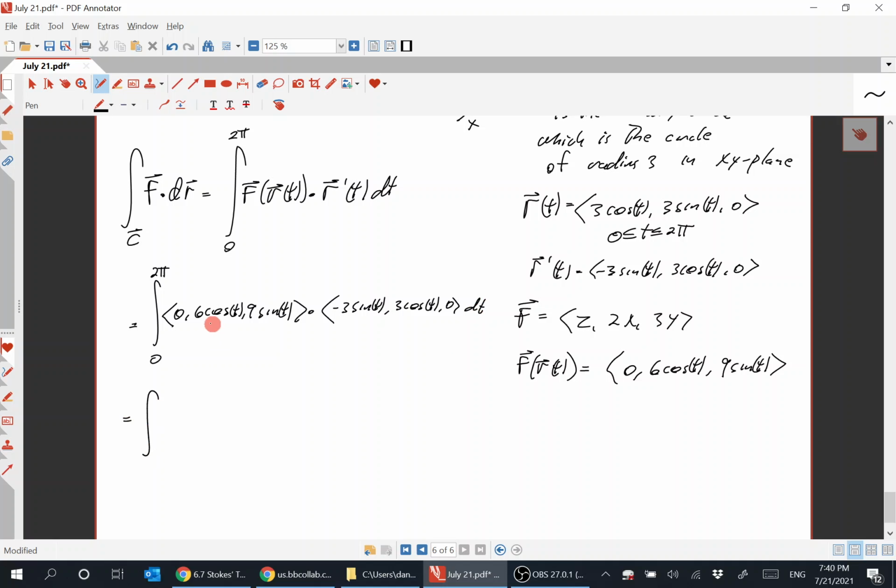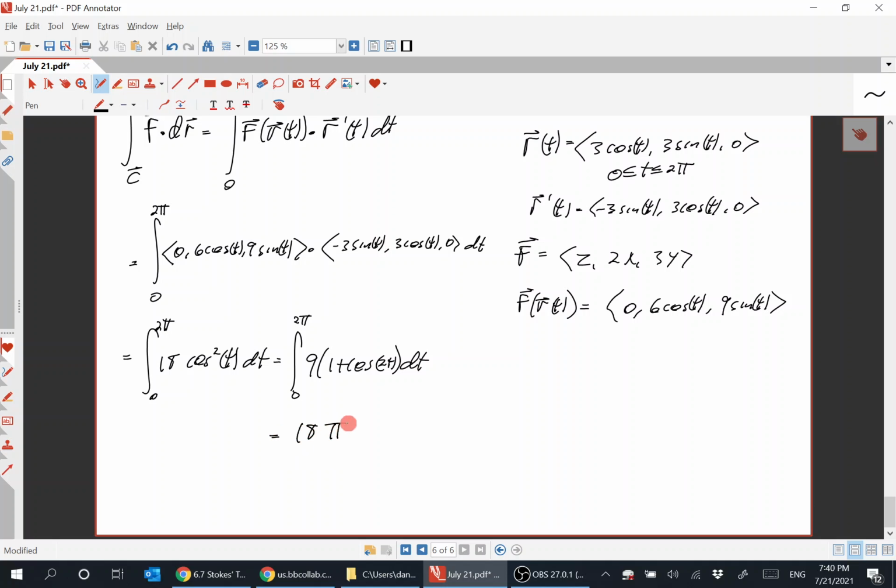So this dot product is 18 cosine squared t dt. Right? The product in the x-coordinates is 0, the product in the y-coordinates is 18 cosine squared t, and in the z-coordinates is 0. So this is equal to the integral from 0 to 2 pi of 9 times 1 plus cosine 2t dt.